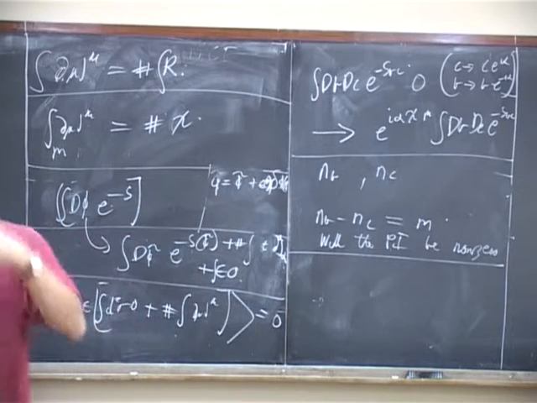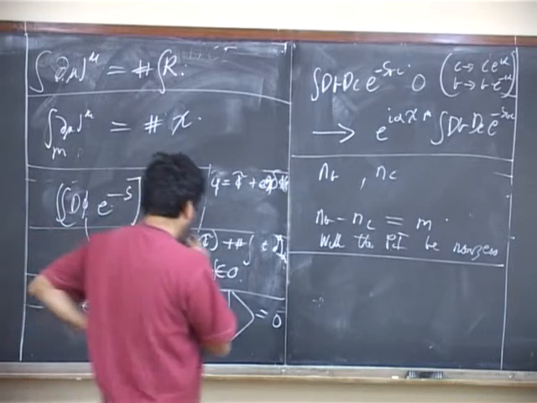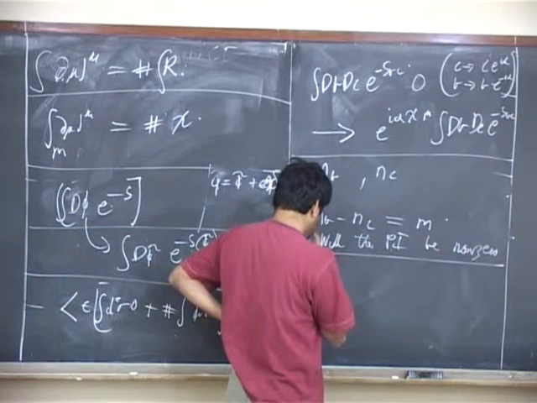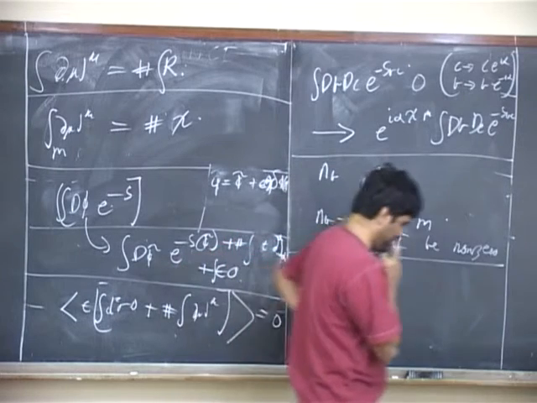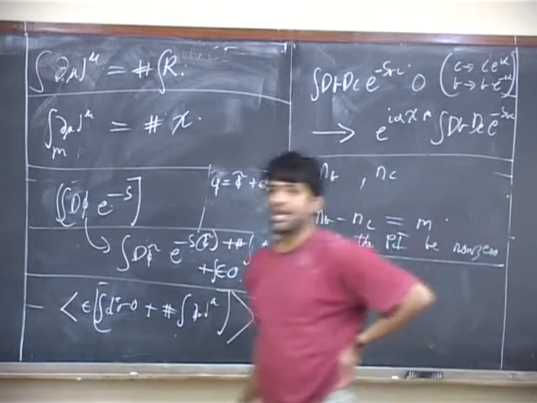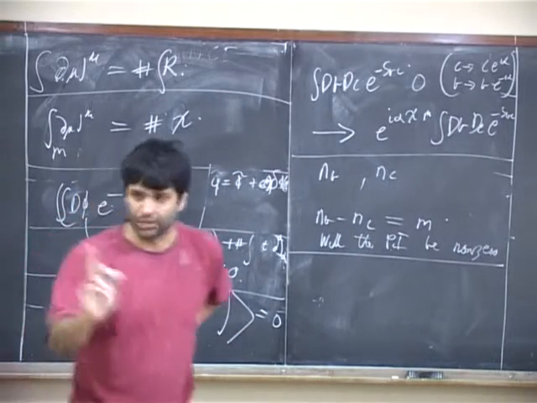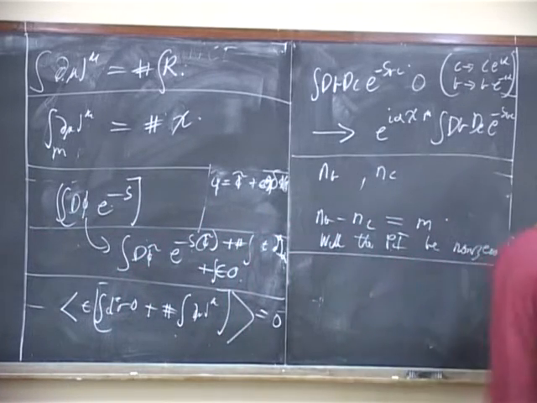If you were really doing the path integral in the ground state, you would have extra insertions. There's something better to say about this, but I'm not going to get into it. It's a good question, a good point, but it's just true.